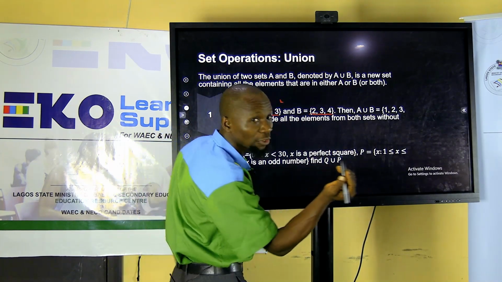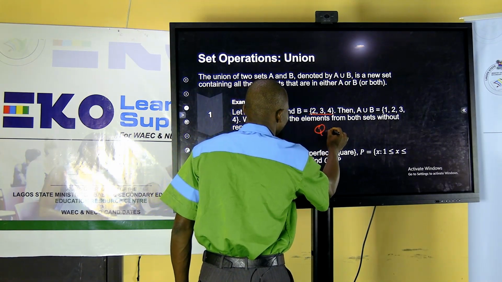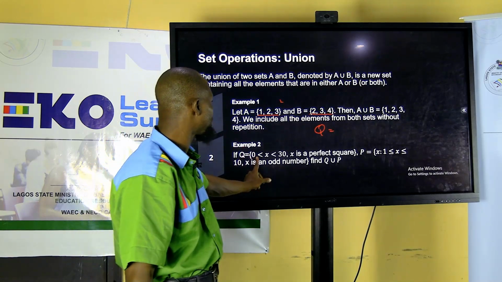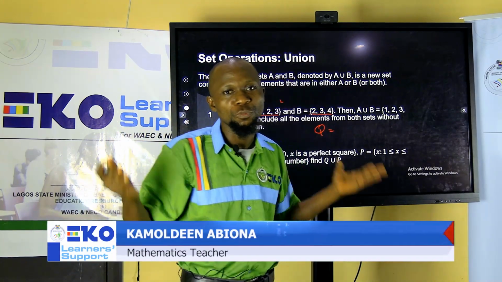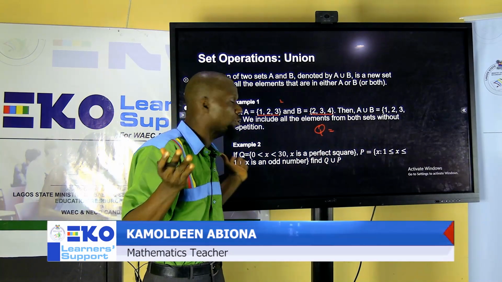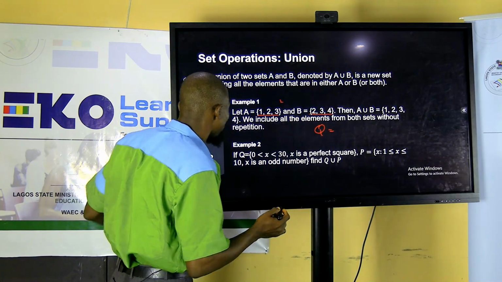So can you think of what X means? X is an element of Q, and it is between 0 and 30. And at the same time, X is a perfect square. So it means we are thinking of perfect squares between 0 and 30. So let's look at that.